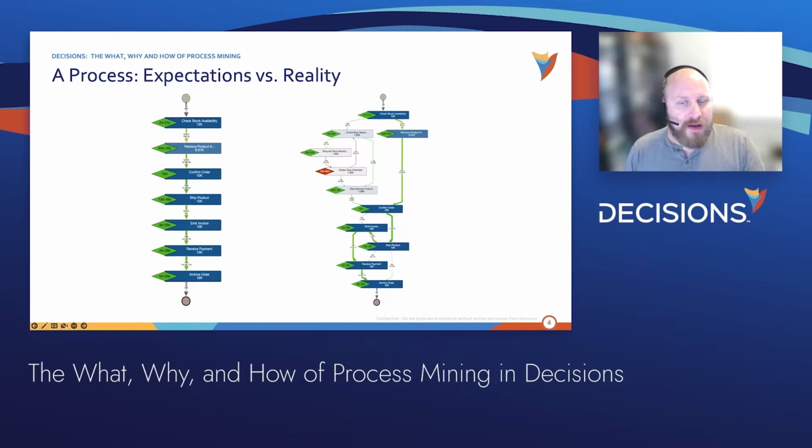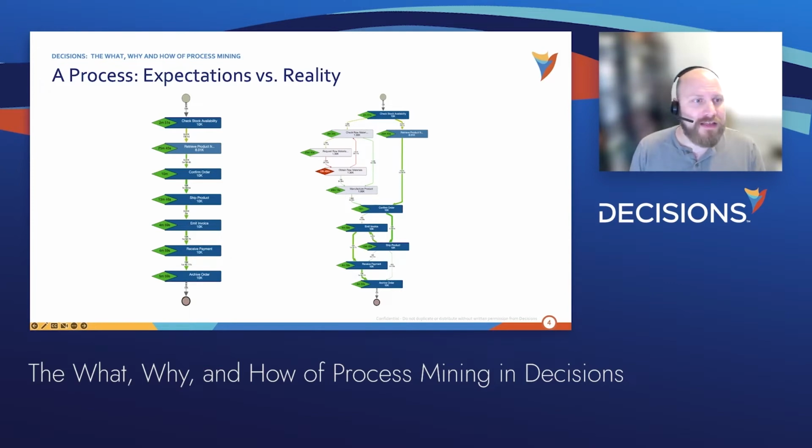We've used process mining ourselves internally on some of our processes here at Decisions. We took a look at the process that drives our development tickets. We ran the data through, and when we got done, we fed it back to the owner of the process, who looked at it and said, that's not our process. That's not what happens.